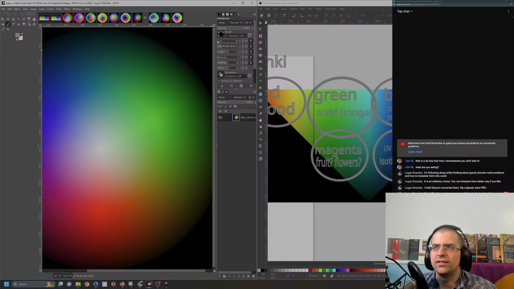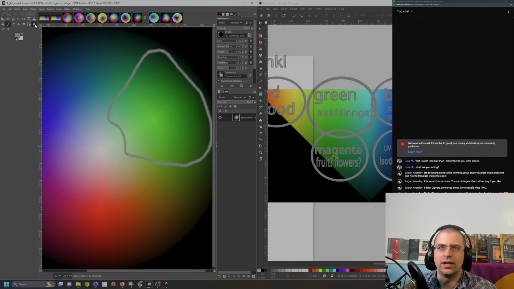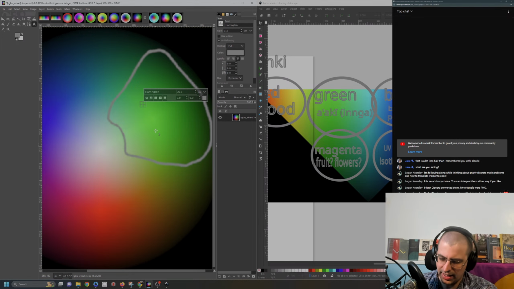What's the size of this thing? And go over here, and this region, we want it to stop within the... I want this color to be more into UV than out of it. And then we can say, okay, this whole thing is Inga.